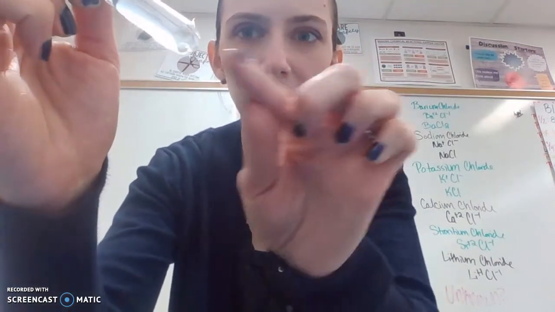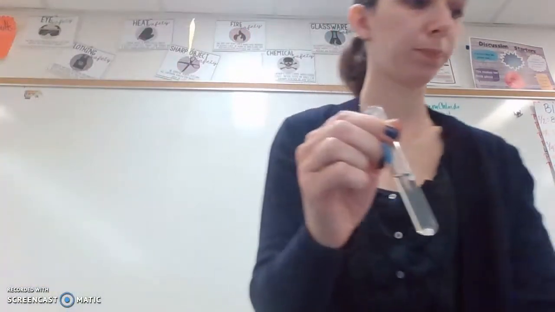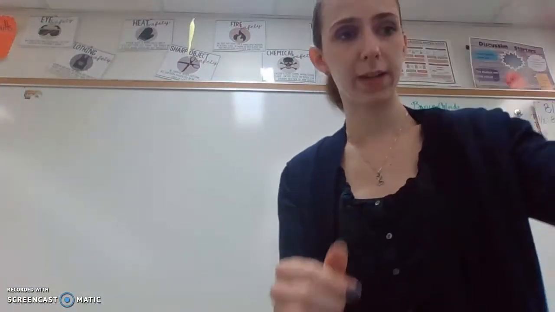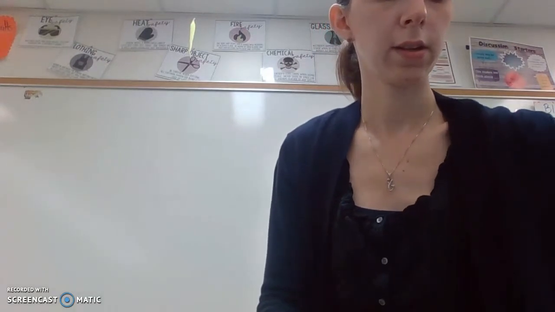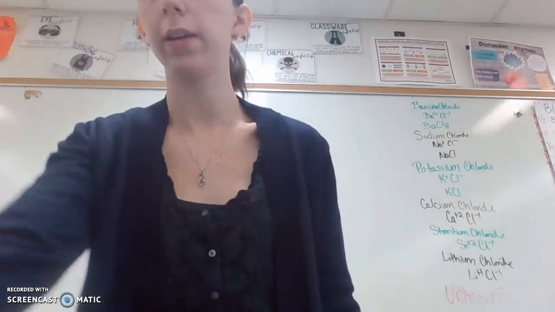If you guys can see, there's some beading. There's a little white bead here at the bottom, and there's a bead of it here at the top. It's clumped together here. That's our barium chloride.